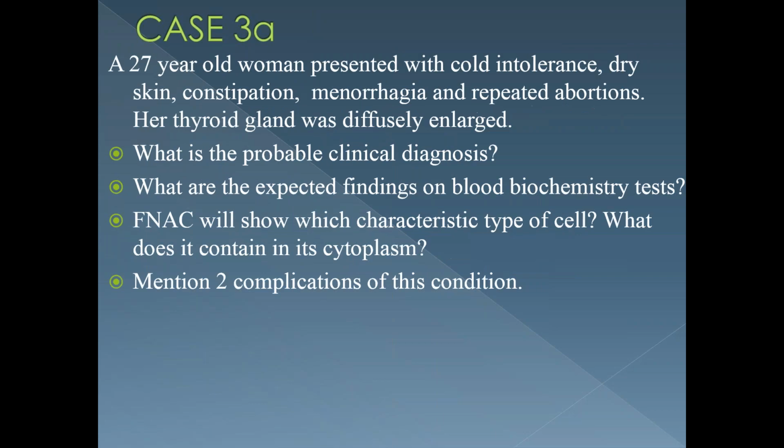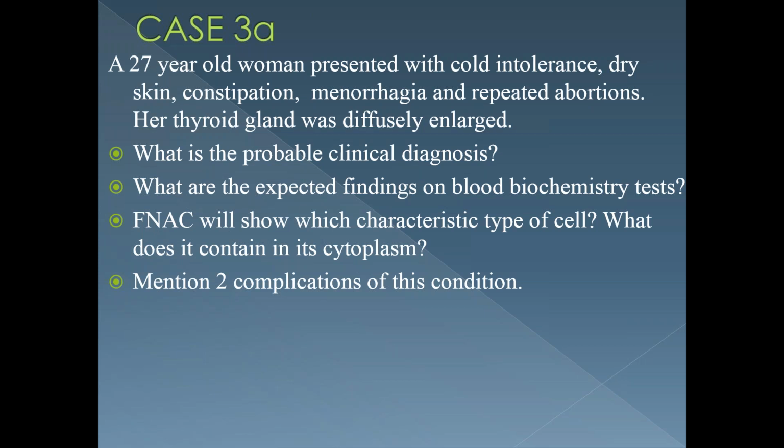Case 3. This is on hypothyroidism. We have kept 2 cases, one is a short one and one is a slightly longer one. The shorter, first one is a 27-year-old woman presenting with cold intolerance, dry skin, constipation, menorrhagia, and repeated abortions.